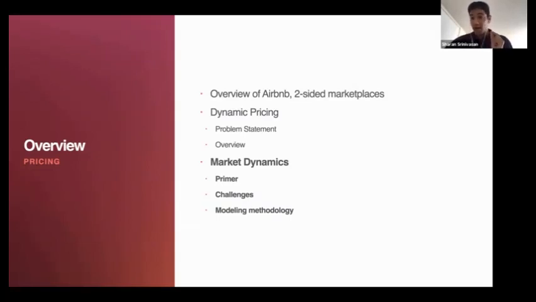But you don't want it too high, because if you have it too high, then guests are not going to come in and book your listing. So how can we model this problem in such a manner that we can really nail down on this optimal price? And while we're doing so, we bear in mind that lead time dynamics play a very important role. What are lead time dynamics? I'm going to go into that in the next section.